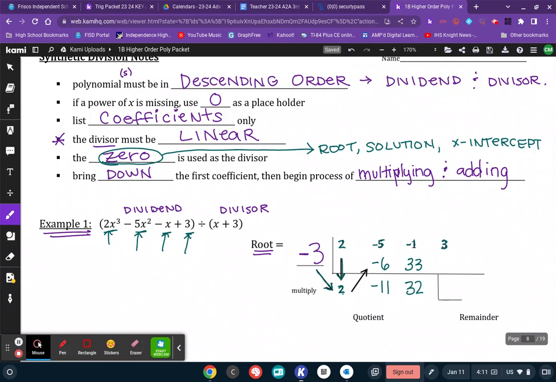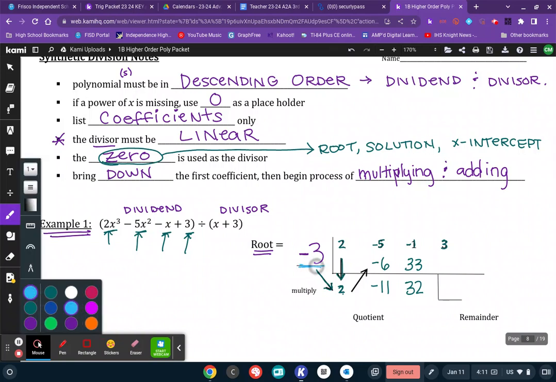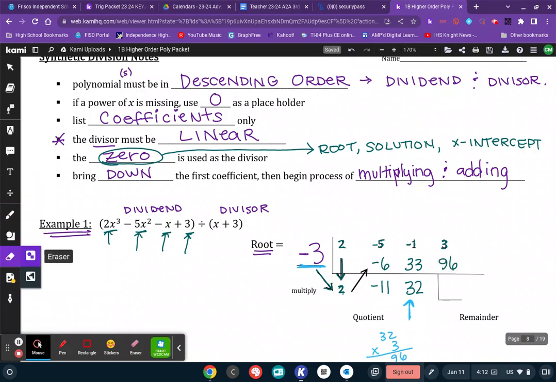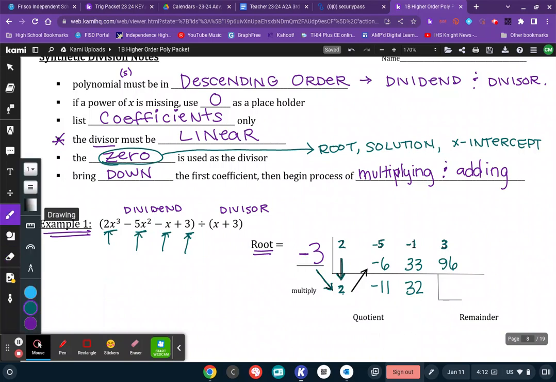And go again, the whole process all over again. We're going to take the -3 and multiply it by 32. I'm going to put the answer in this position here, and then add straight down the column.